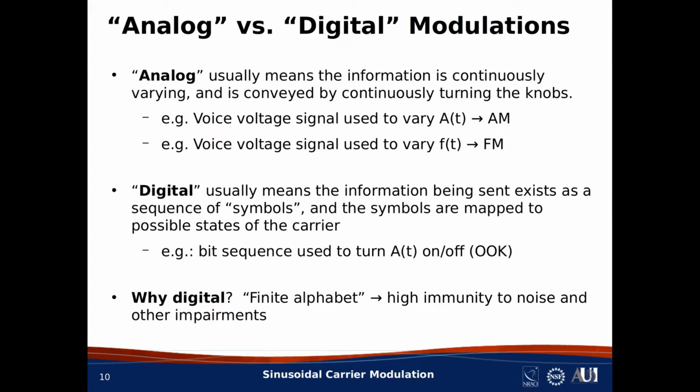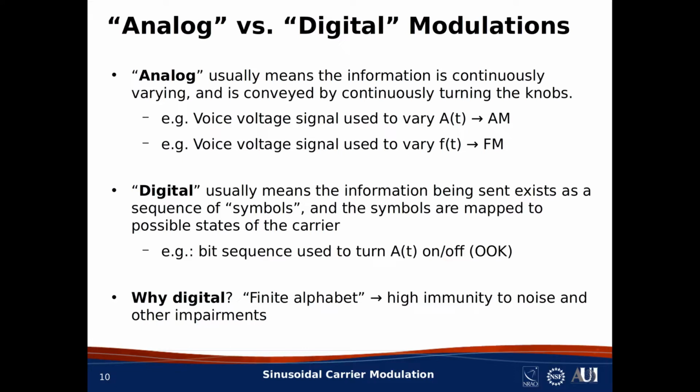The first answer would be, of course, that some information is inherently digital. For example, if you want to send a data file, you are essentially sending bits anyway. Well, this is true, but it doesn't really answer the question of why we might want to send a voice signal, which is intrinsically analog, using digital modulation. In other words, why go to the trouble of digitizing voice and then using ook, when you could just send voice as AM? The answer to that question lies in the finite alphabet property of digital modulation.